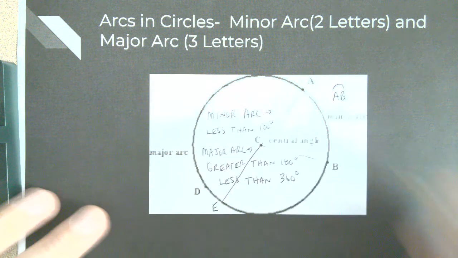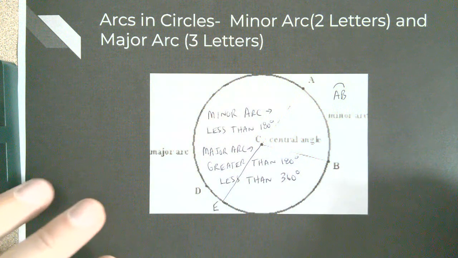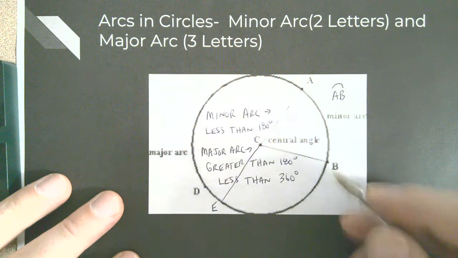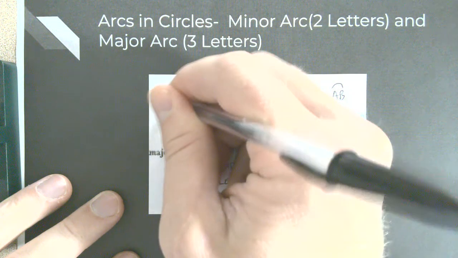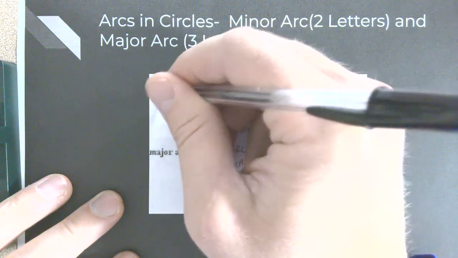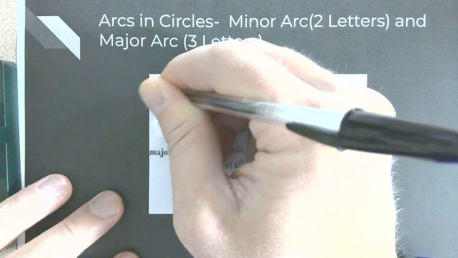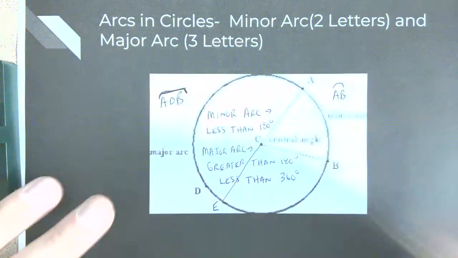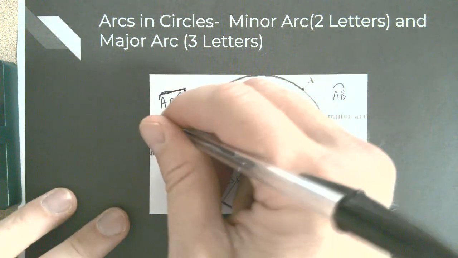For our major arcs, we always use three letters. So in this picture here, I could say major arc ADB. Oops, I want that to be an arc, not a straight line. I could say major arc BDA.